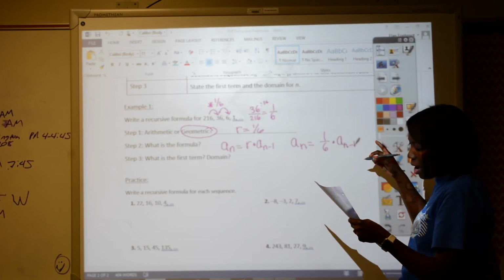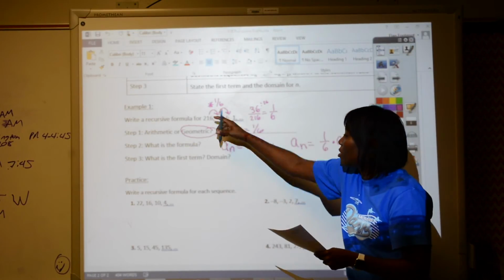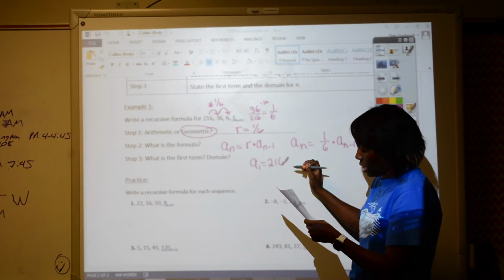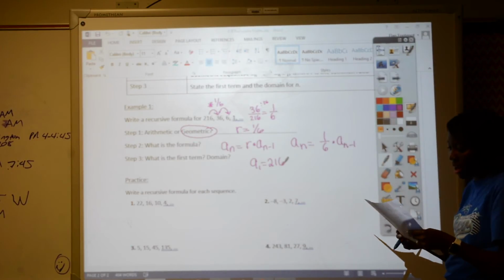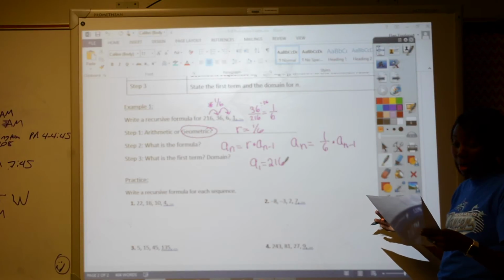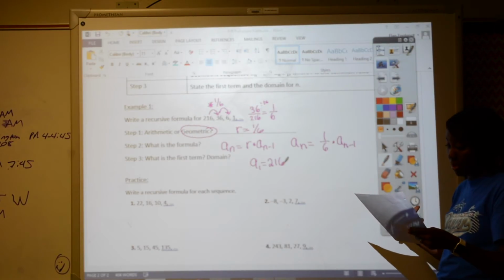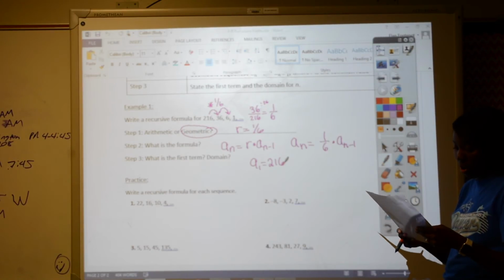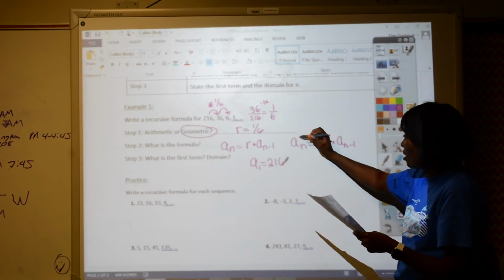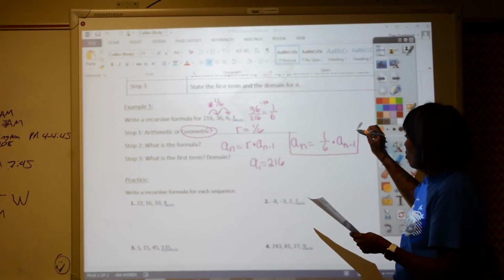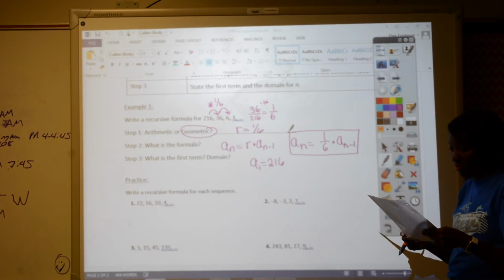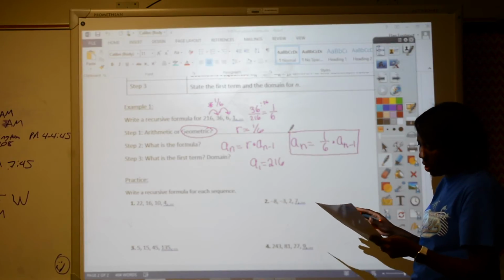We know our first term in this problem was 216, so a sub 1 equals 216. Everybody follow me? Then from there, you would go through and solve the problem. So those are our steps to solve. Everybody got that? Our equation is basically what we wrote right there, because we're just writing the equation.